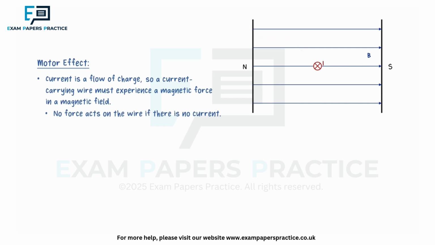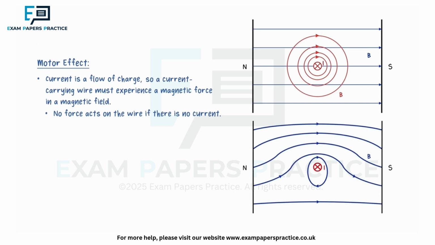When a current directed towards the screen is passed through the wire, a circular magnetic field is produced, which has a clockwise direction from the right-hand grip rule. This circular field will overlap with the external field to produce a resultant magnetic field which resembles something like this.